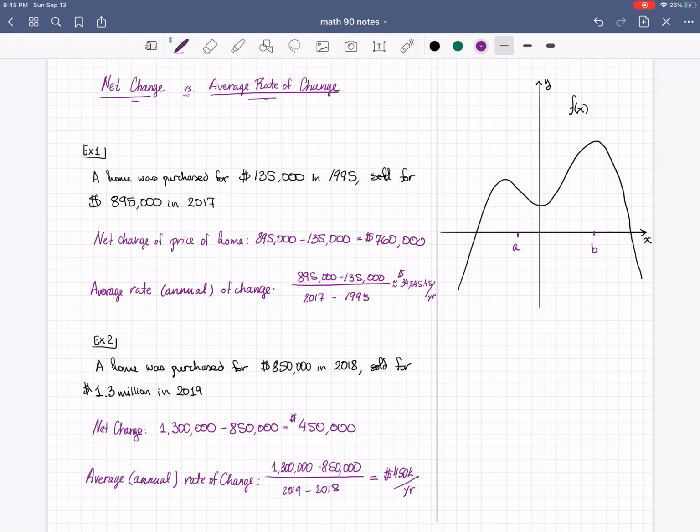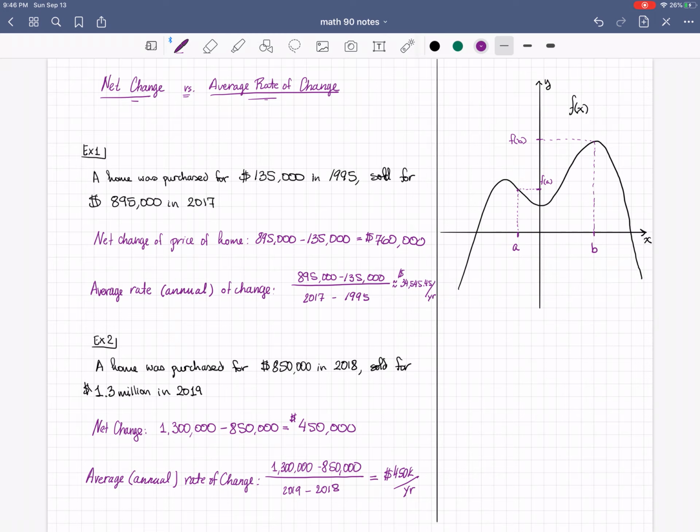So we know that inputs live on the x-axis, outputs live on the y-axis. So that means that this is f of a. And by that same token, we know that this is f of b.